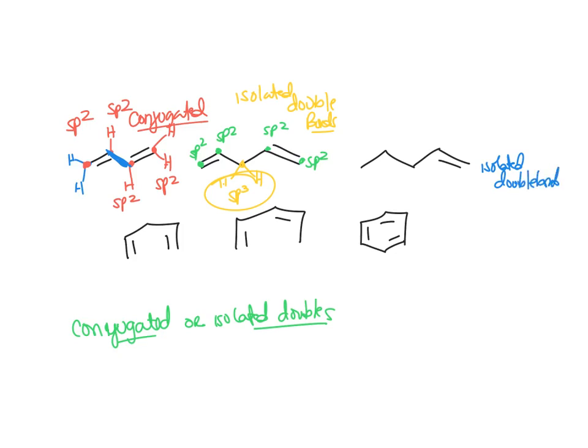This one here, sp2, sp2. This carbon has 2 hydrogens, right? So that's sp3. So that would be isolated. This one, sp2, sp2, sp2, sp2. So we have the sp2 all together. You see that the double bond is separated by one single bond.